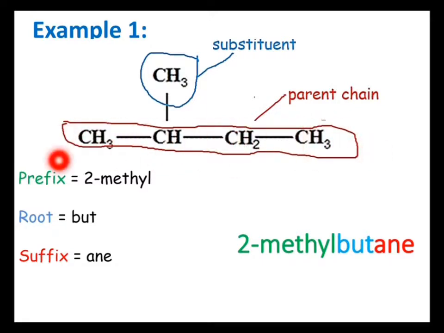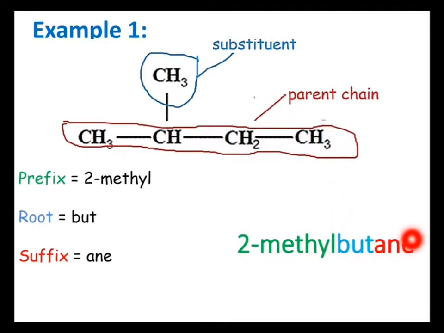So here you have 4 carbon atoms in the parent chain. So you give it the root word for 4 carbon atoms. And then they are all single bonds, so the ending is "-ane" because they are alkanes. So looking at the parent chain, we know that we have a butane here.